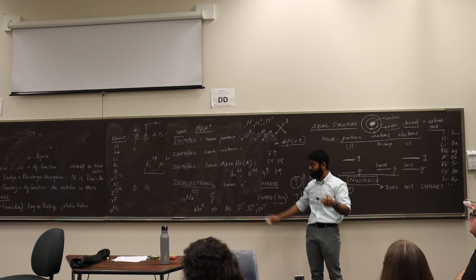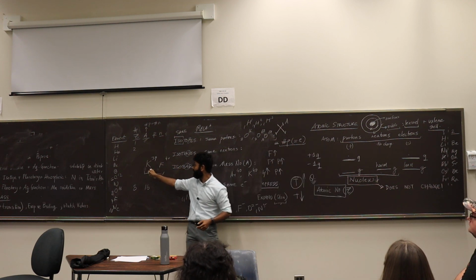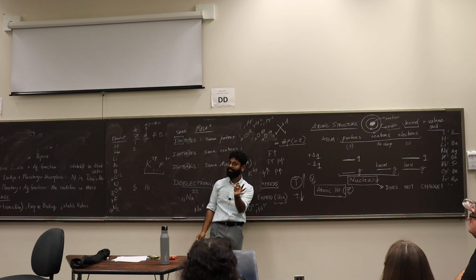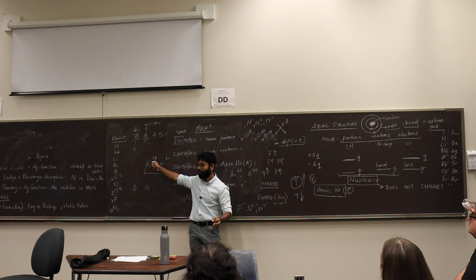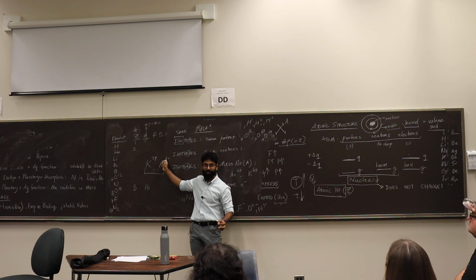But you can have a K39, a K40, because the number of protons is 19, and the number of protons is the identity. Nothing else is the identity of an element. It's just the atomic number. The proton numbers must remain the same. The neutrons here are varying, right?